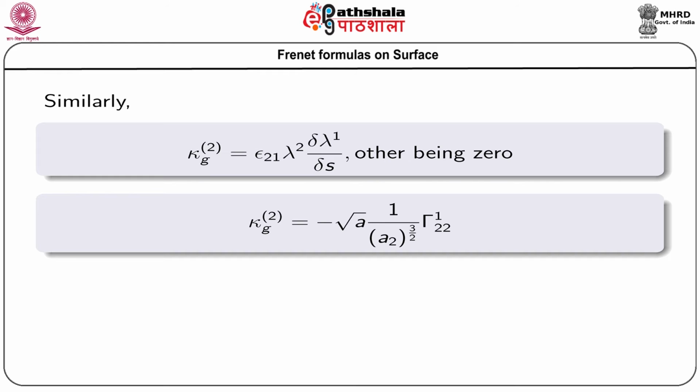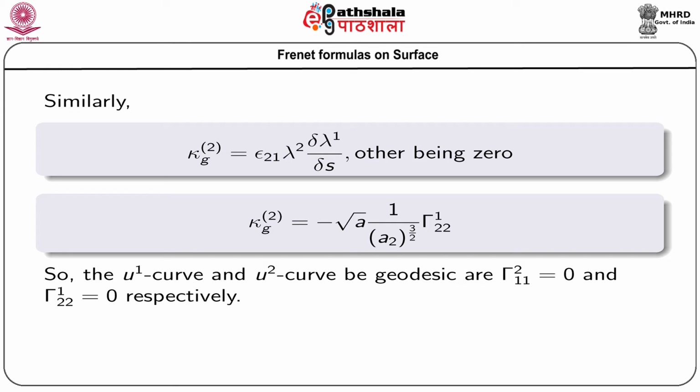And if we put the values of del lambda 1 del s, lambda 2 and epsilon 2 1, we get the geodesic curvature for the U2 curve equal to minus root a 1 by a 2 2 to the power 3 by 2 gamma 1 2 2.